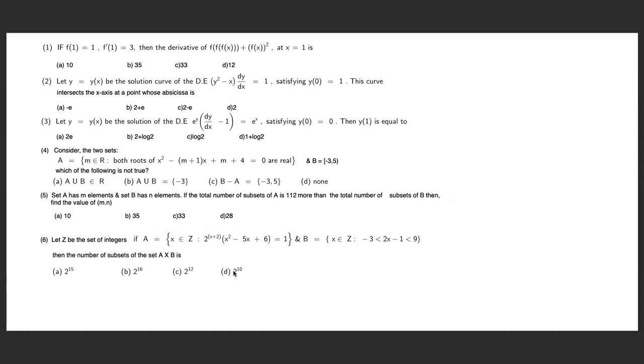Let us see that. If you look at set A, it is 2 to the power of x plus 2, multiplied by x square minus 5x plus 6, is equal to 1.